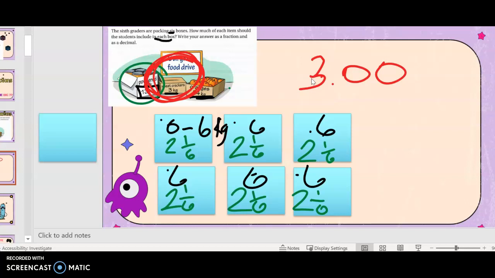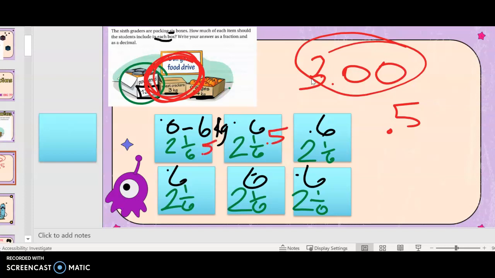So let's just start with something that we know is pretty easy to divide or to add. Let's use 0.5, a half of a whole. What if I did 0.5 here and 0.5 here? How much would these two 0.5s together be? That's 1.